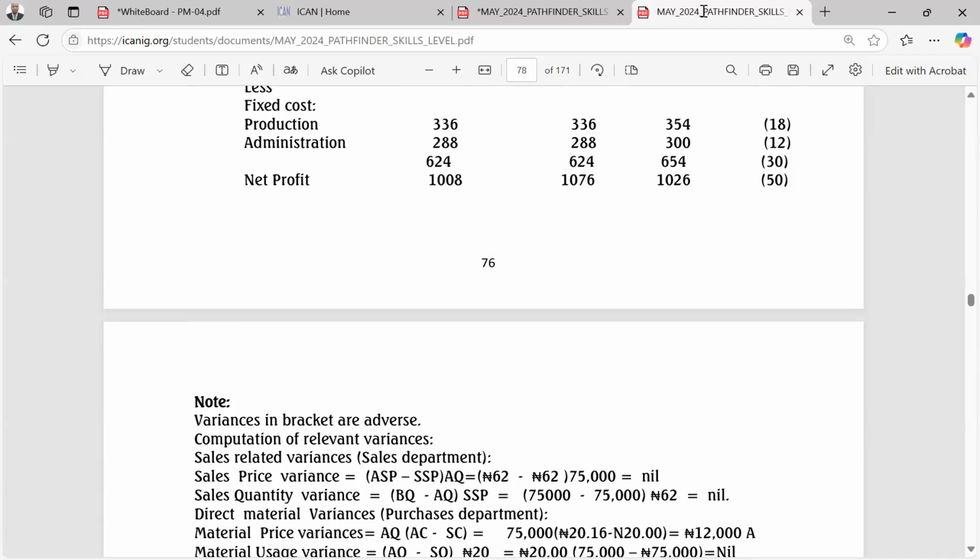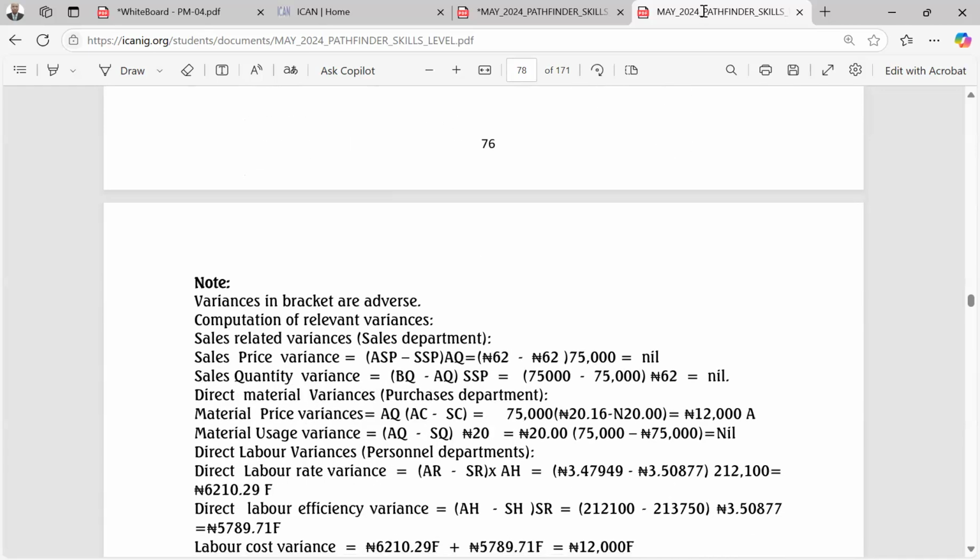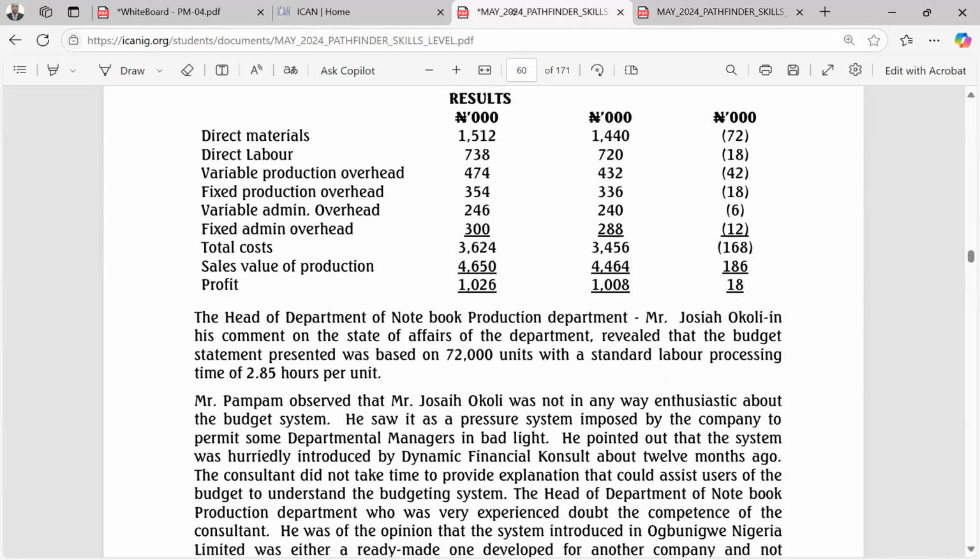Says here that variances in brackets are adverse. Computation of relevant variance, this is the way they computed it. Sales price variance. Look at how sales price variance is being calculated. Actual selling price minus standard selling price multiplied by the quantity, which is 75,000. So you see, actual selling price was 62 naira minus 62 naira. How did we get the 62 naira?